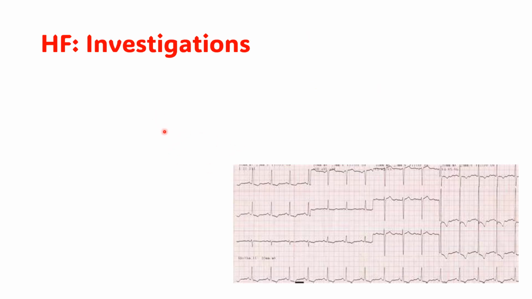Okay, so let's talk about some investigations. So we want to do a B-type natriuretic peptide. So BNP functions to decrease the release of renin. And when you have elevated levels of BNP, this is a sign of ventricular strain, and it's measured in picograms per milliliter.